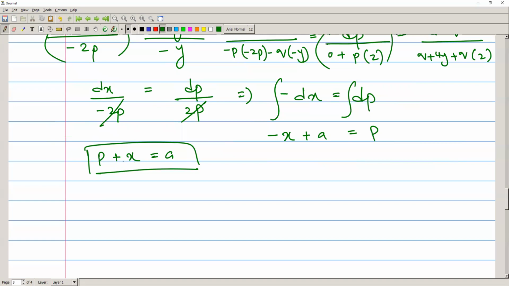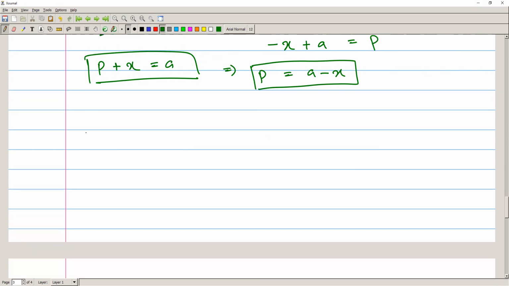So now I found the function of p in terms of x and y. So I can say that I have found a function of p in terms of x only. Then now I can plug this in the original equation in place of p. So let's do that. a minus x squared plus q times y plus 2y squared is equal to 0.